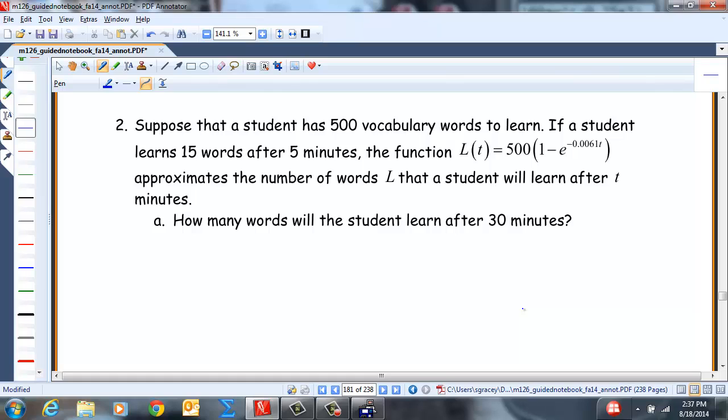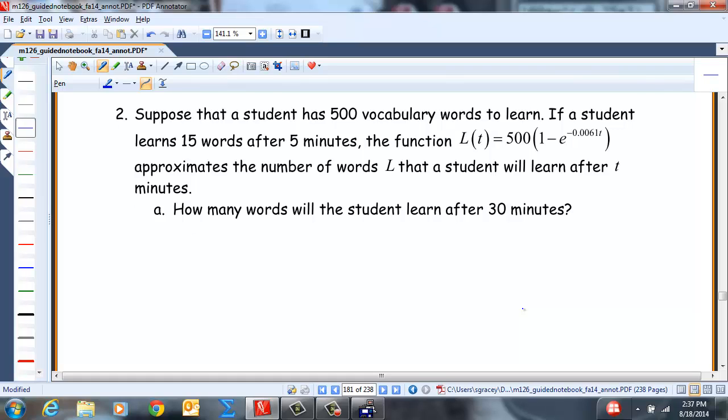Okay, suppose that a student has 500 vocabulary words to learn. If a student learns 15 words after 5 minutes, the function L at t equals 500 times quantity 1 minus e to the negative 0.0061 times t approximates the number of words L that a student will learn after t minutes.